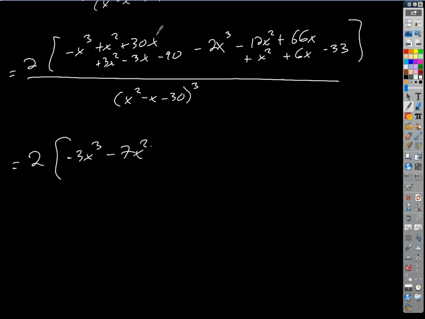We get 27x plus 72x is 99x. And we get negative 90 minus 33, so negative 123.